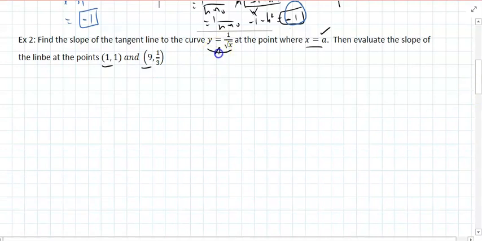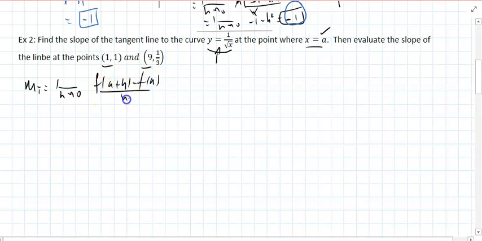Which of those two forms you use, whichever you want. I'm going to say the slope of the tangent equals the limit as h approaches 0 of f of a plus h minus f of a all over h. F of a plus h is 1 over the square root of a plus h, minus 1 over radical a, over h.